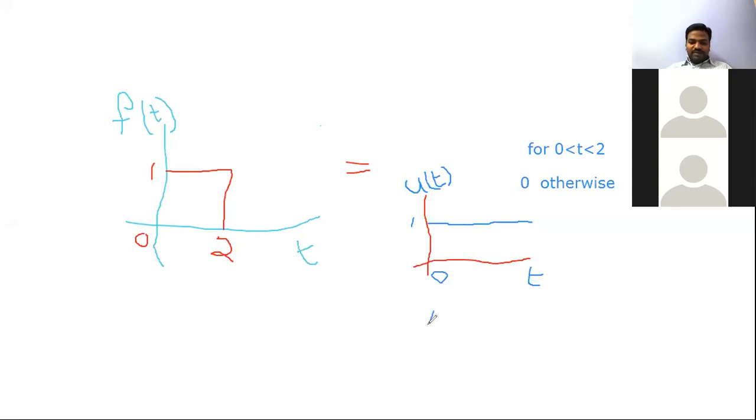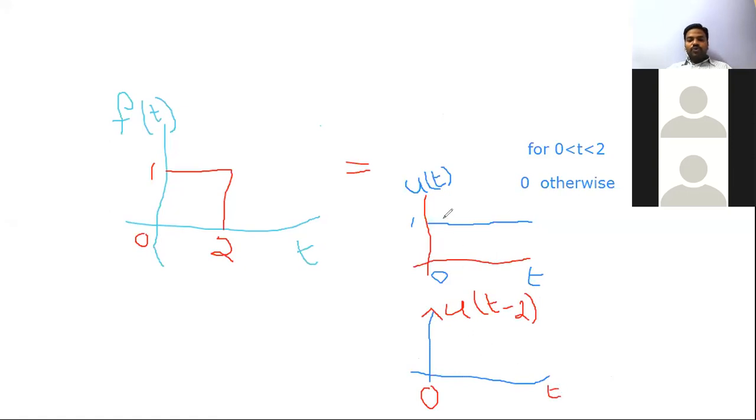Now if you consider the delayed unit step signal, which is delayed by 2 units, what happens if the same unit step signal is delayed by 2 units? Obviously you will get u of t minus 2. This signal will start from 2 onwards. Why?